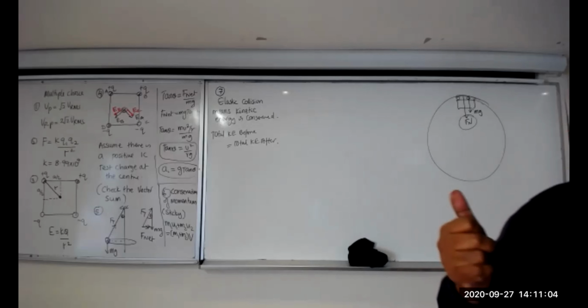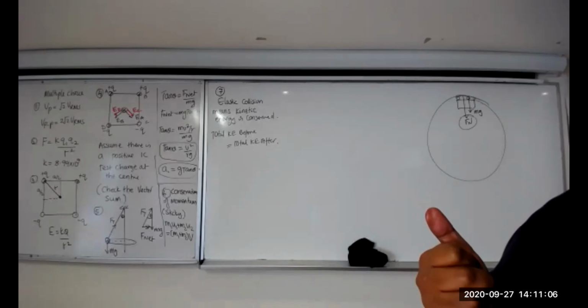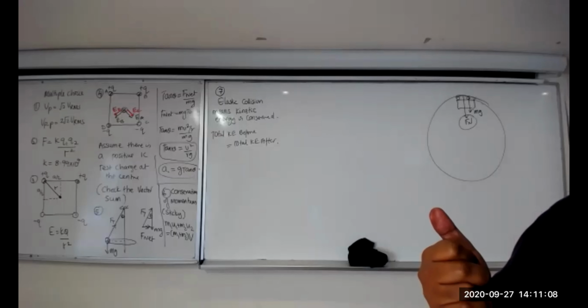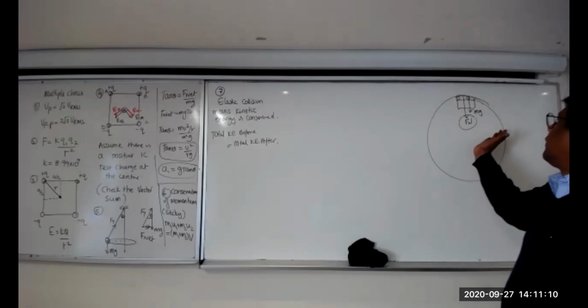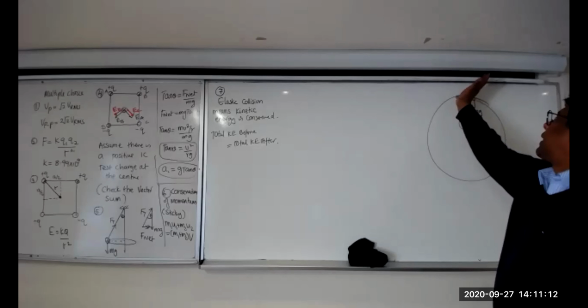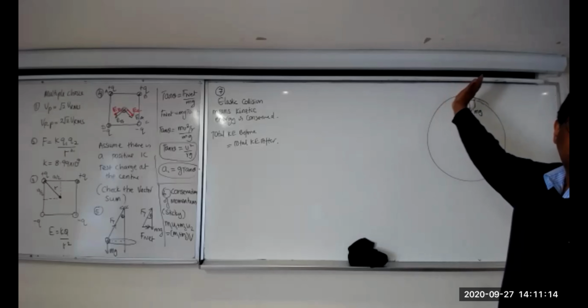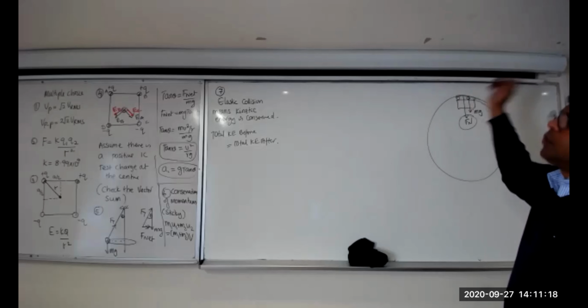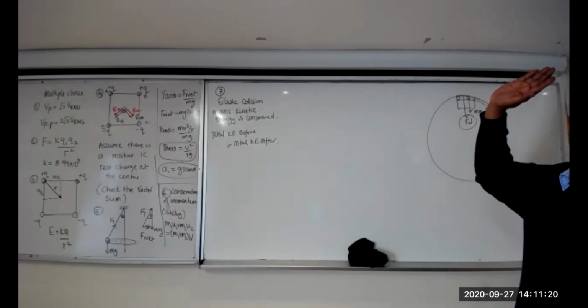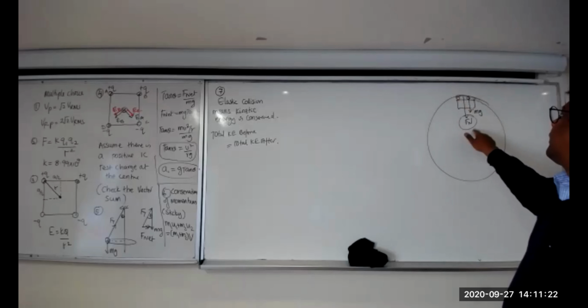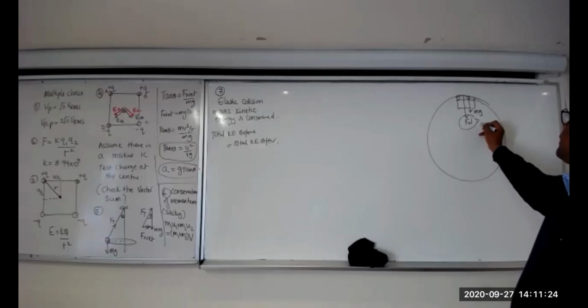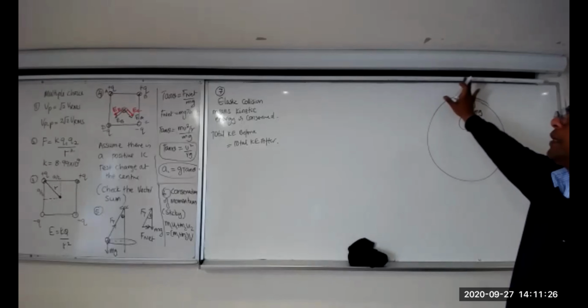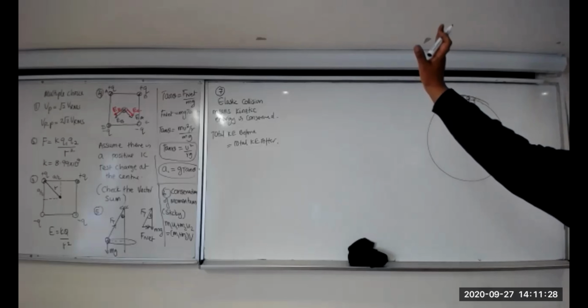Because we always say it's a normal reaction force. What do you mean by normal reaction force? It means you need to push first. The car needs to push the track. Then the track is going to push you back. If you can't push the track, it means you're falling. So if Fn is greater than or equal to 0, that means you are in good contact with the track. That's why it's not falling.